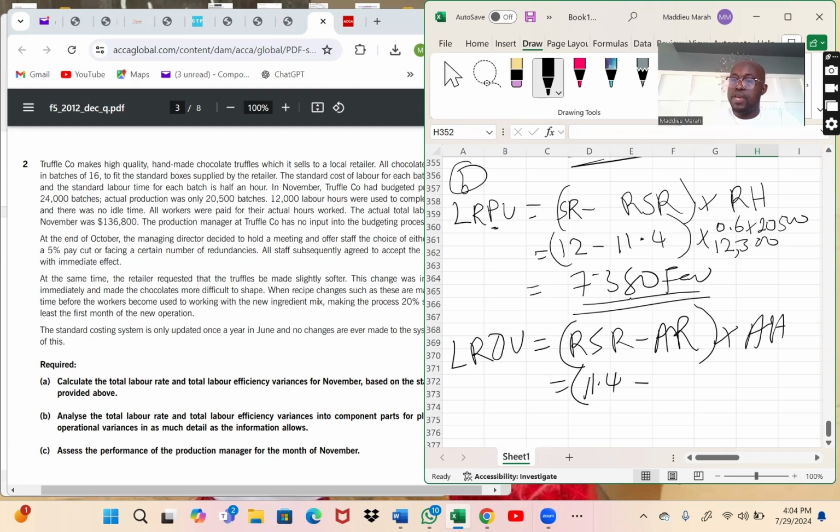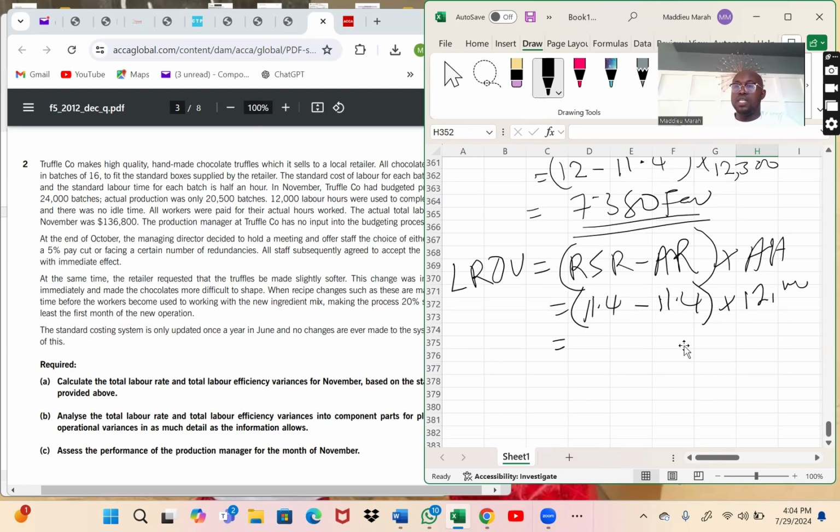Our actual rate is 11.4. Our actual hour is 12,000. What's our variance? Favorable or adverse? Absolutely zero. What we projected to pay is exactly what we paid. Zero. Well done.